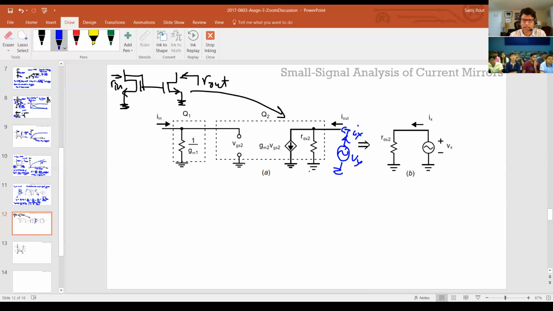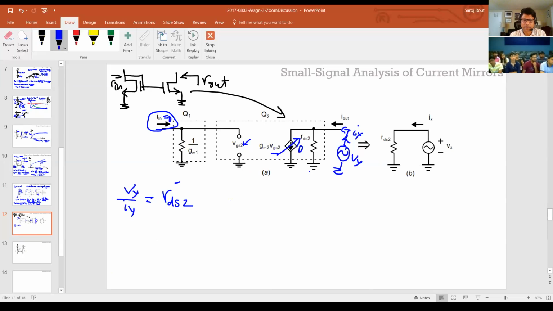This is VY. And in this case, VY over IY is nothing but, we can call this RDS2, because this current is 0, right? Because it's VGS2, and VGS2 is an independent source, because IN is an independent source. So usually I make this equal to 0. If that's 0, VGS2 is 0, which means this term is 0.